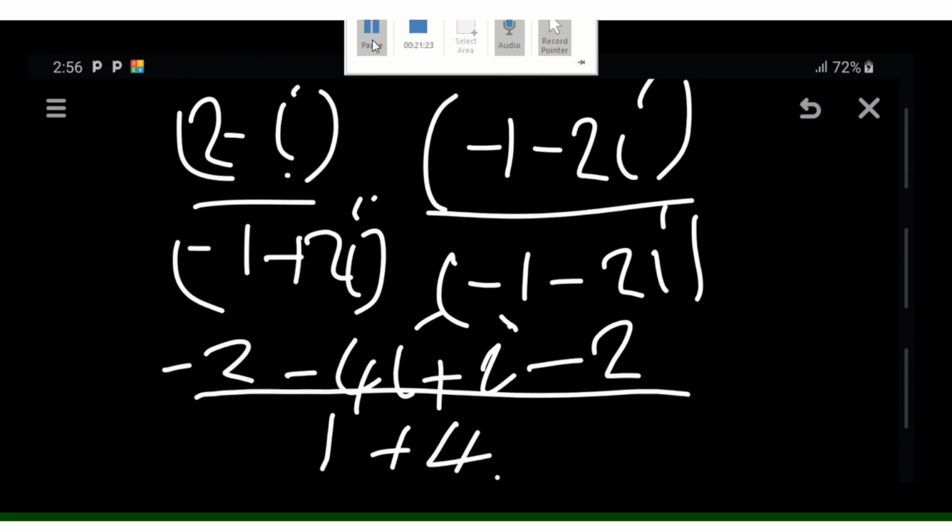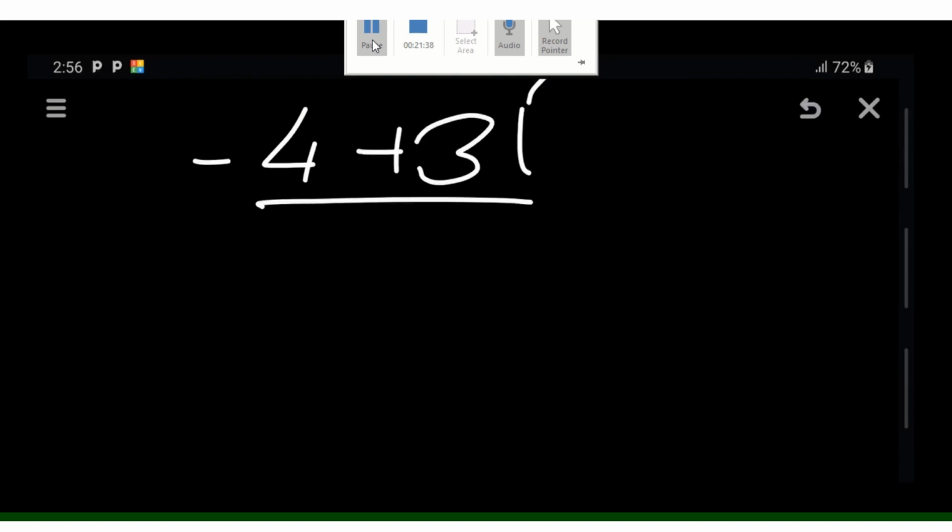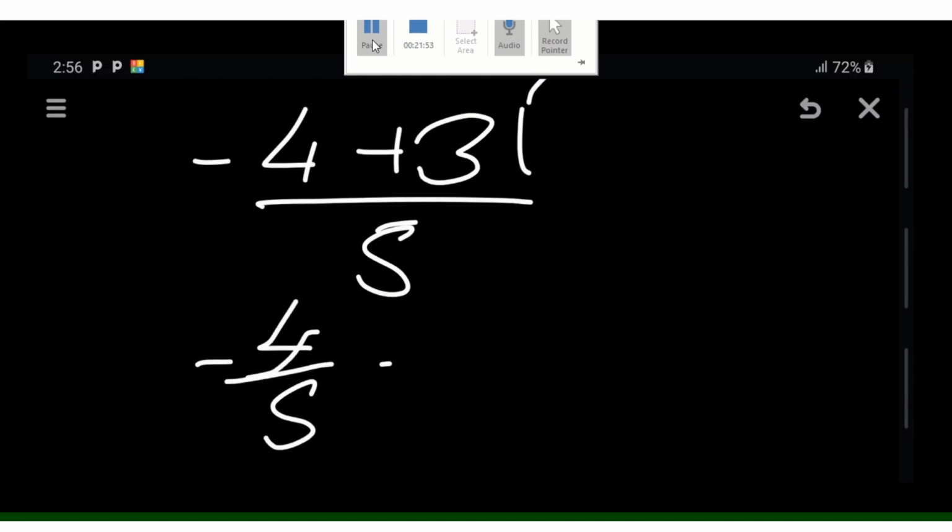So from here we are adding: negative 2 plus negative 4 plus i. So I'm getting negative 4 plus 3i over 5. So from here, over 5, I can distribute the denominator 5, so I can write it as negative 4 over 5 plus 3i over 5.